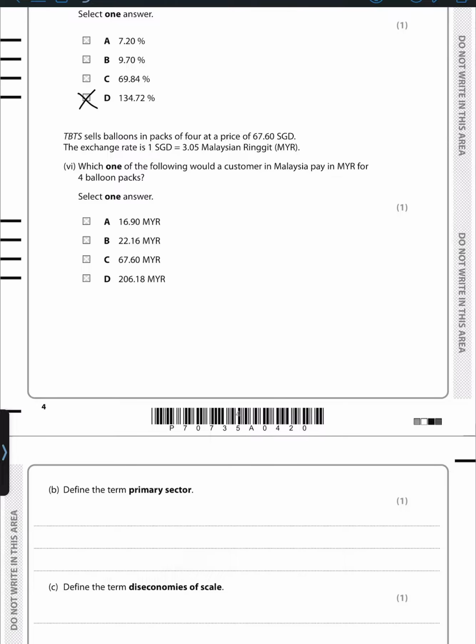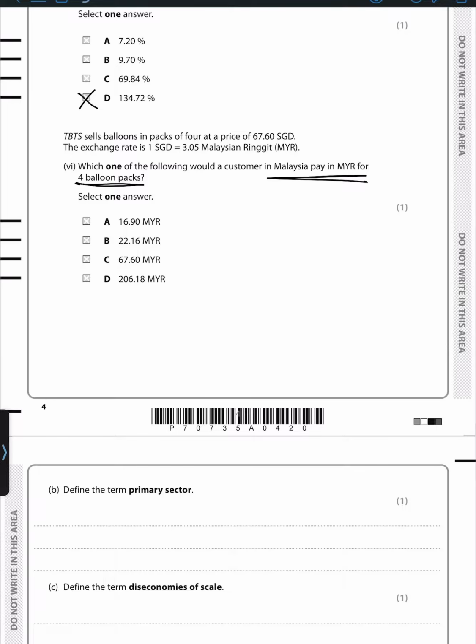Now for the last part, TBTS sells balloons in packs of 4 at a price of 67.6 Singapore dollars. The exchange rate is 1 Singapore dollar equals 3.05 Malaysian ringgit. Which one of the following would a customer in Malaysia pay in Malaysian ringgit for 4 balloon packs?